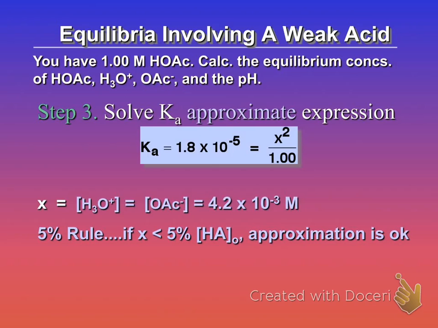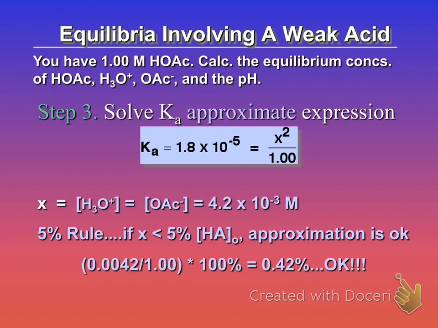Now, the 5% rule. Now, does this work? Does our approximation hold true, or do we have to go back to the quadratic? Well, here it is. If x is less than 5% of the original HA concentration, then the approximation is okay. So we solved for x, we got 4.2 times 10 to the negative third, and the original concentration is 1.00.